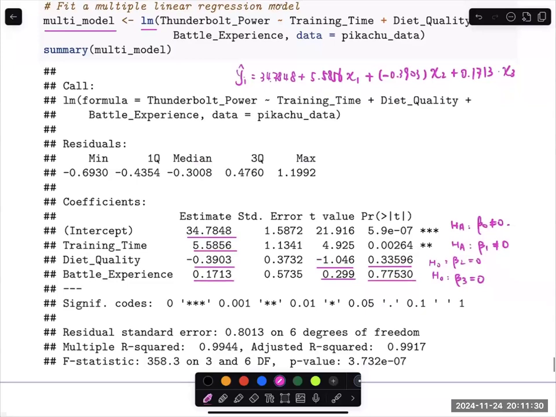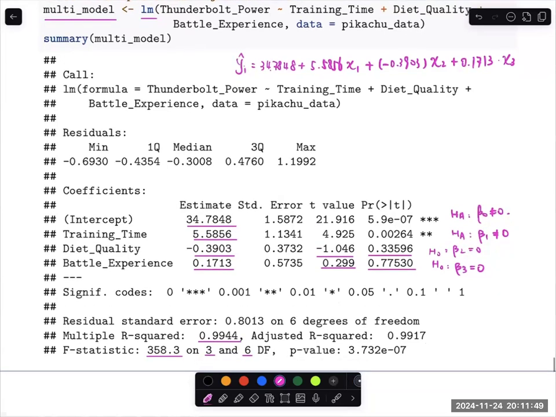But again, the multiple linear regression model has a very high R-square value equal to 0.9944. So the corresponding F statistic can be calculated as 358.3, following the F distribution with p and n minus p minus 1 degrees of freedom, which is 6, with a corresponding P value equal to 3.73 times 10 to the power of minus 7.